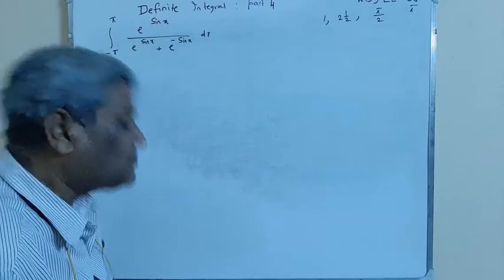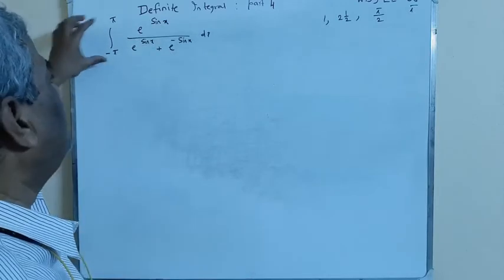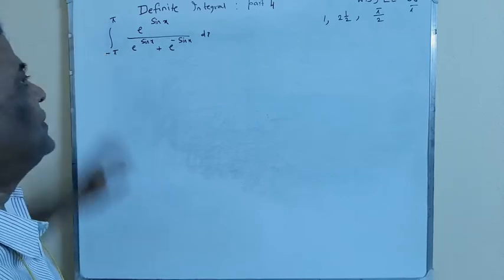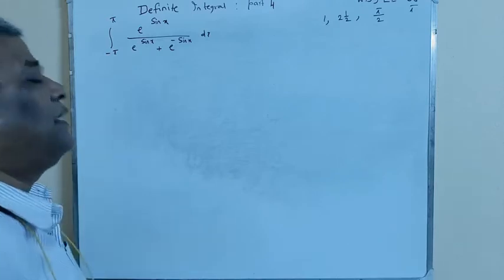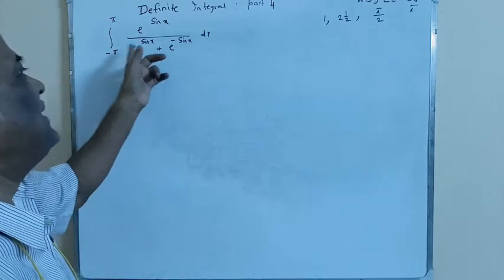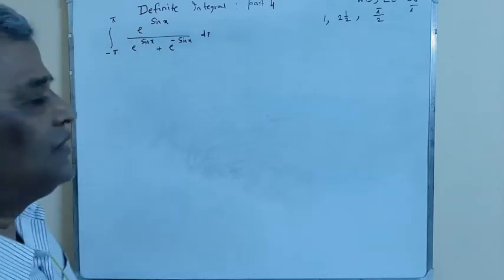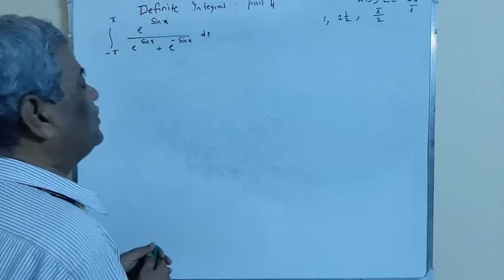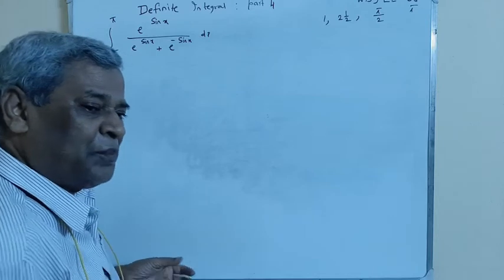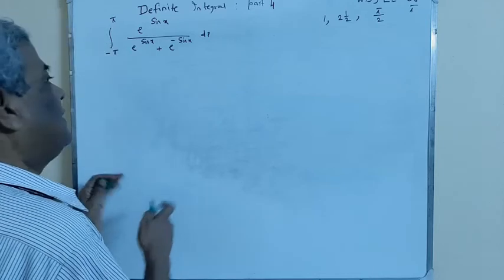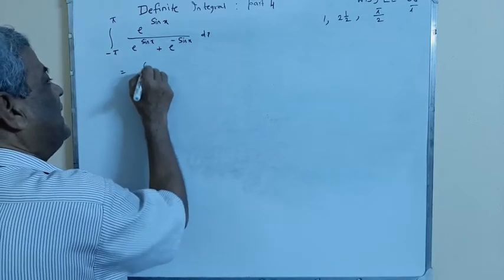So in this case, in that definite integral, the limits are symmetric. So let us try whether the integral is even or odd. Actually, you see, the function is neither an even function nor an odd function. So we cannot use the properties. But then how to integrate? Let us break it.